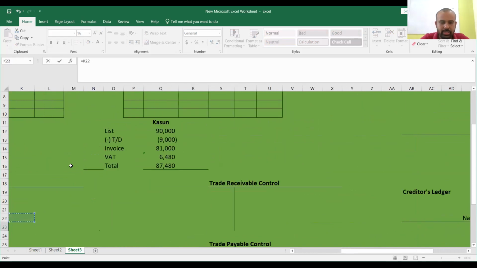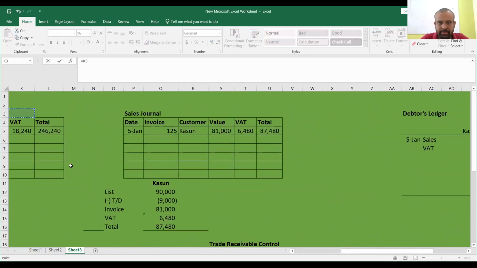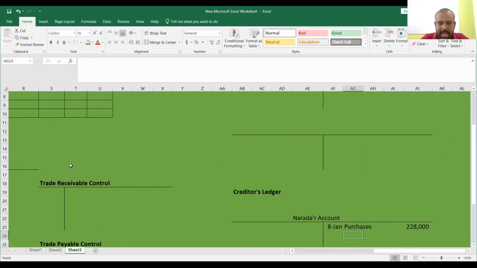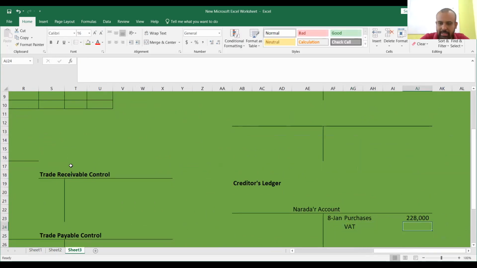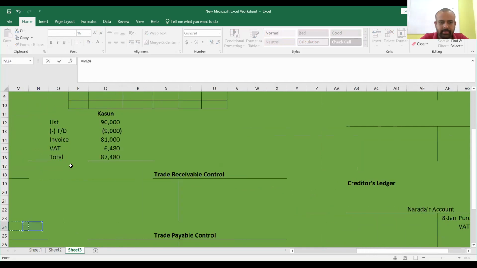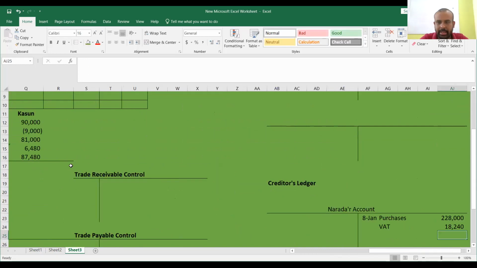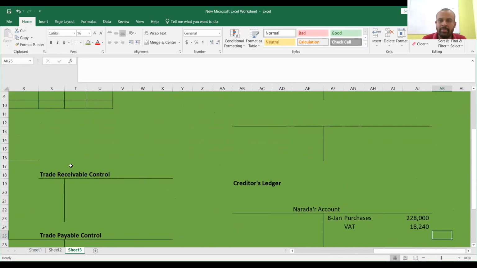Same purchases you credit, it's 228,000, and also you need to pay him the value added tax of 18,240. You need to record the value added tax of 18,240. Okay, now that is fine.